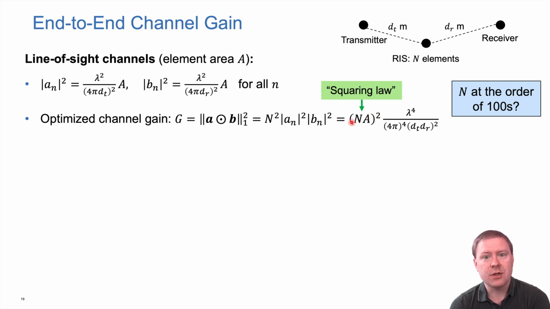This is known as the squaring law, and because this factor here, which is essentially the path loss to and from an element multiplied with each other, can be very small, we typically need N to be on the order of hundreds in order to compensate for that. But because of this quadratic behavior, it also pays off more and more to have large surfaces.